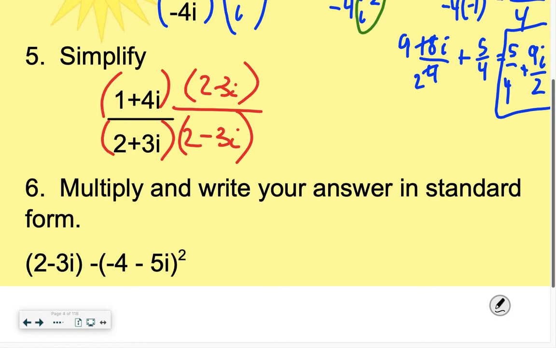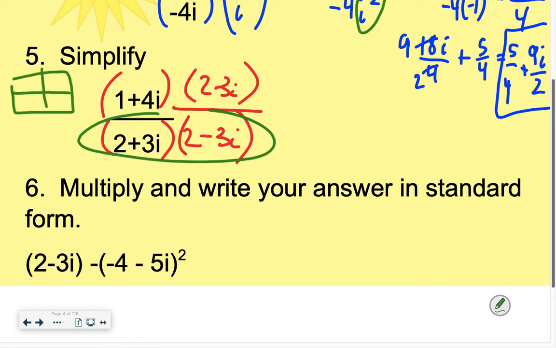So I'm going to make a little box for the denominator. And this kind of shows what happens when you have complex conjugates. So I have 2 and 3i and 2 and -3i. 2 times 2 is 4. 2 times -3i is -6i. 3i times 2 is +6i. And 3i times -3i is -9i squared.